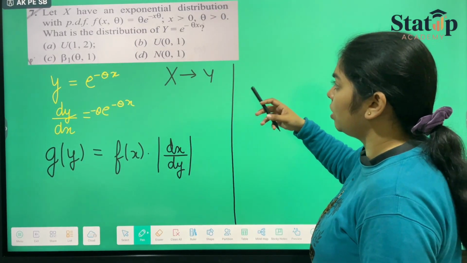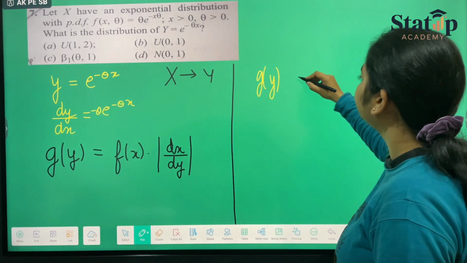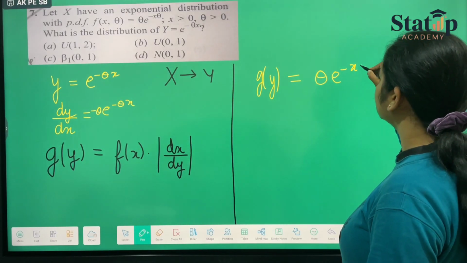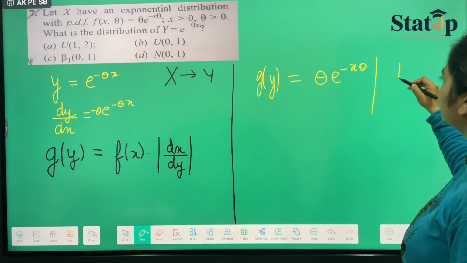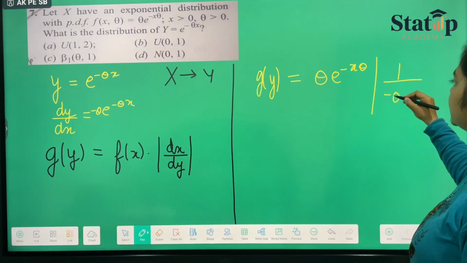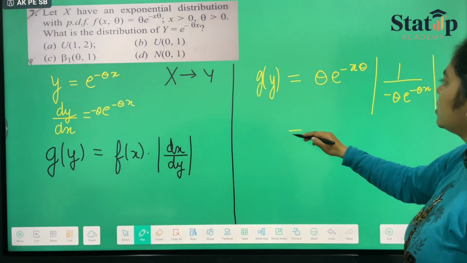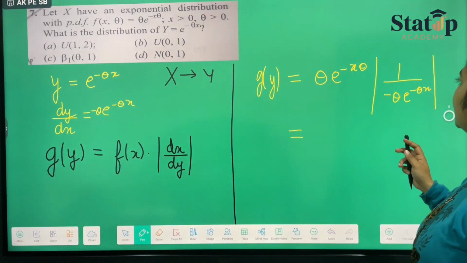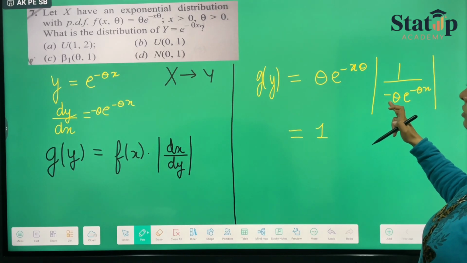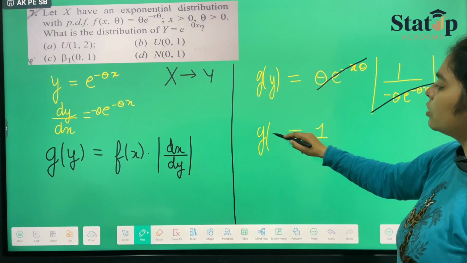So g of y, which is the distribution of y, where f(x) has been given to us as theta e raised to the power minus x theta, and 1 upon what we have calculated for dy by dx, which is 1 upon minus theta e raised to the power minus theta x with a modulus sign. When it comes out of the modulus, there will be no negative sign, so the denominator and numerator get cancelled and we get the distribution of y as 1.